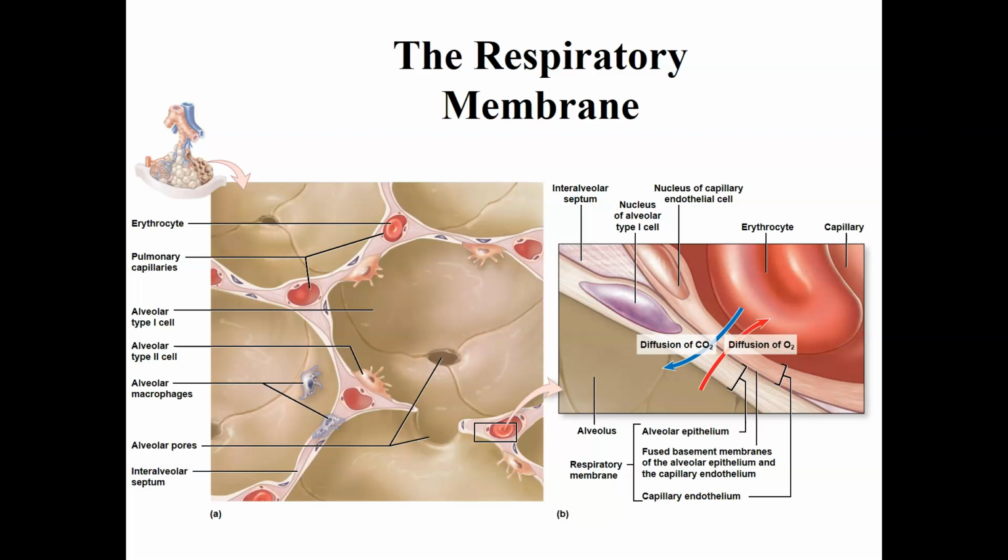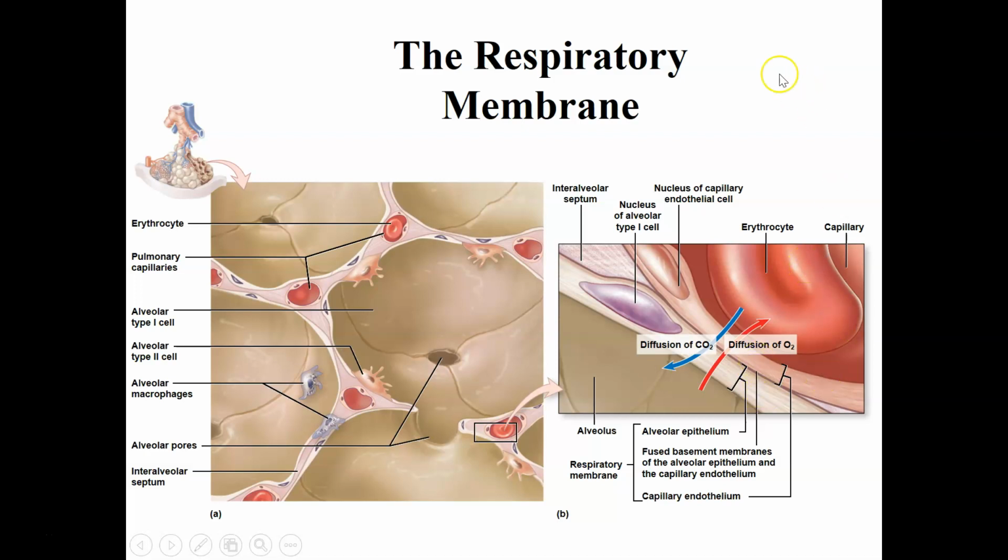The barrier is composed of the wall of the alveolus, the squamous epithelium of the type 1 cells here, the wall of the capillary, squamous epithelial cells of the endothelium here, and a fused basement membrane that's secreted by both of these cells.